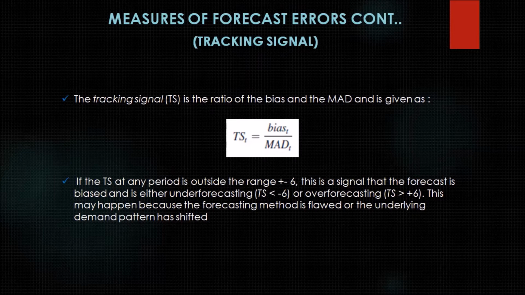If the TS at any period is outside the range plus or minus 6, this is a signal that the forecast is biased and is either under forecasting, with TS smaller than minus 6, or over forecasting, with TS bigger than plus 6. This may happen because the forecasting method is flawed or the underlying demand pattern has shifted.